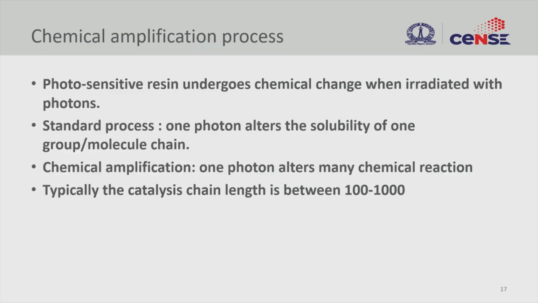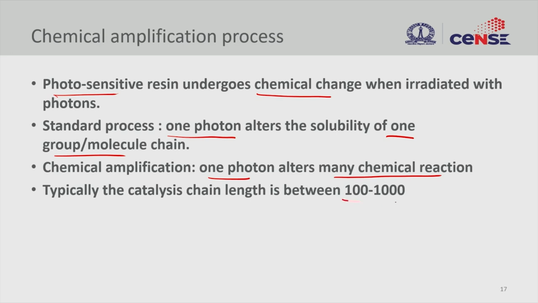Let's understand what this chemical amplification does. So the photosensitive material undergoes chemical change, right? That we all understand. But the important thing is, in a standard process, one photon delinks one chain, right? But in a chemical amplification, one photon alters many chemical reactions, and this is what makes this process much more efficient.